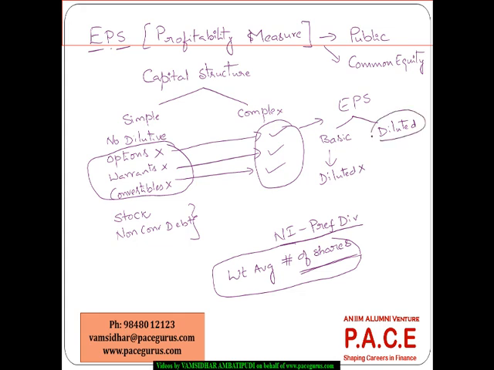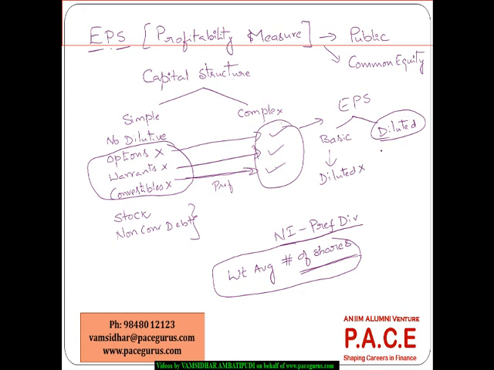Whereas when I am looking at it from a diluted perspective, see all these things, convertibles. If it is a convertible preference stock, there is an option where it can be converted into shares. A warrant again is an option to convert into a share. Stock options create additional shares.